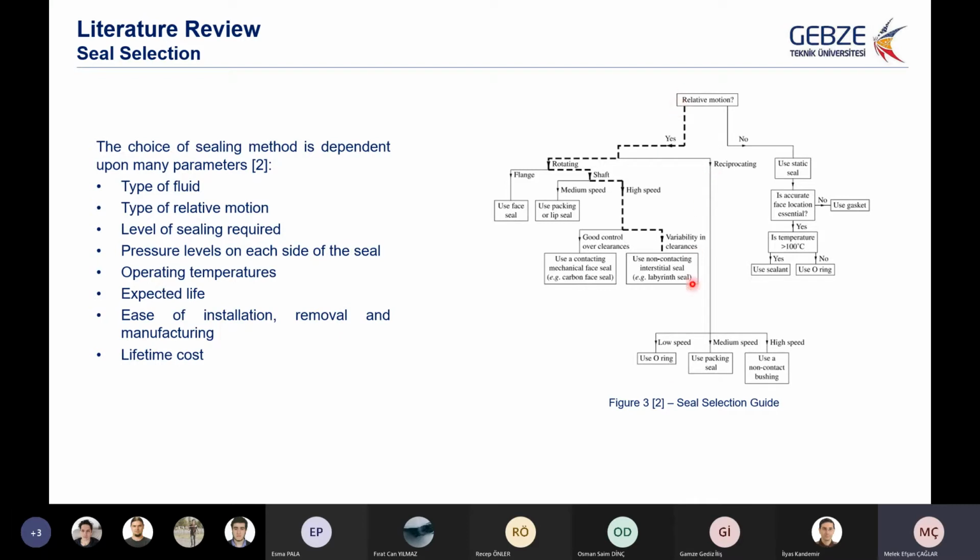And here we can see a guide that can lead us to the right seal.